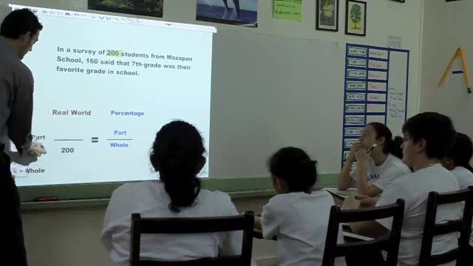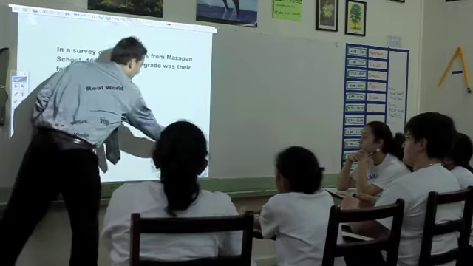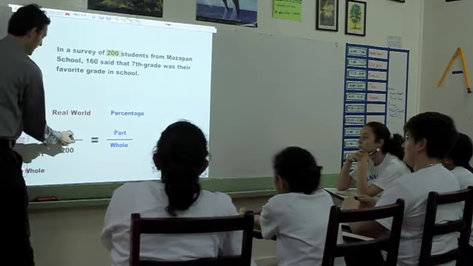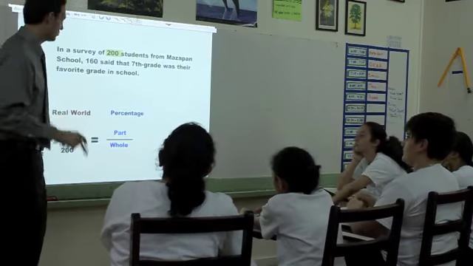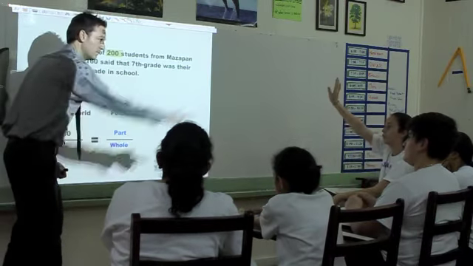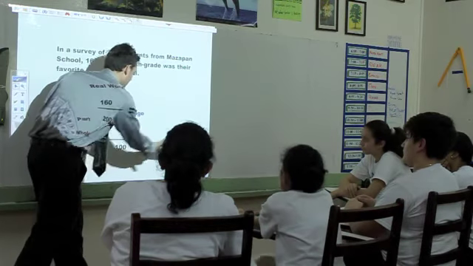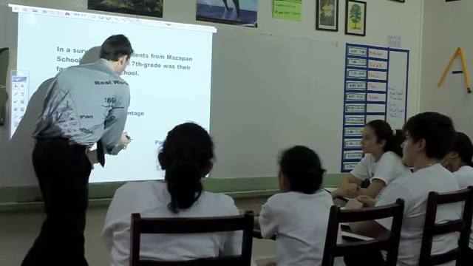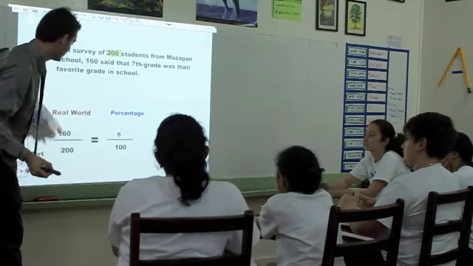In the real world, what number represents the part? Talina? 160. Absolutely. Any time you're talking about a percentage, what represents the whole? 100. Perfect. And then obviously what we're trying to figure out is what percent of 200 is 160.